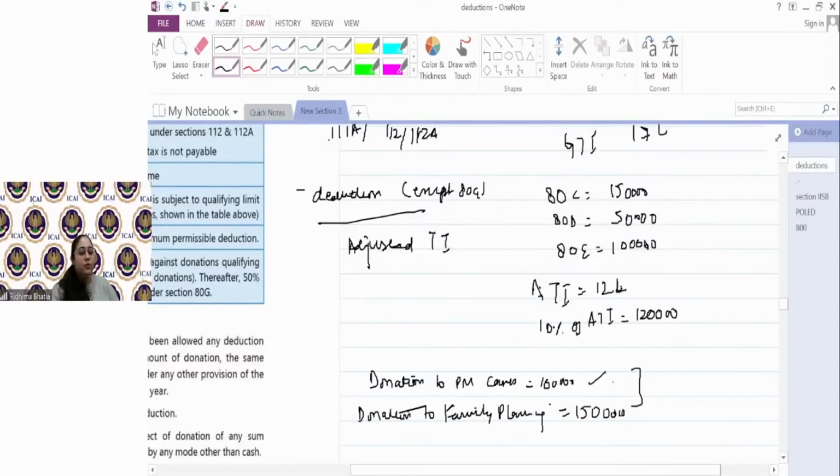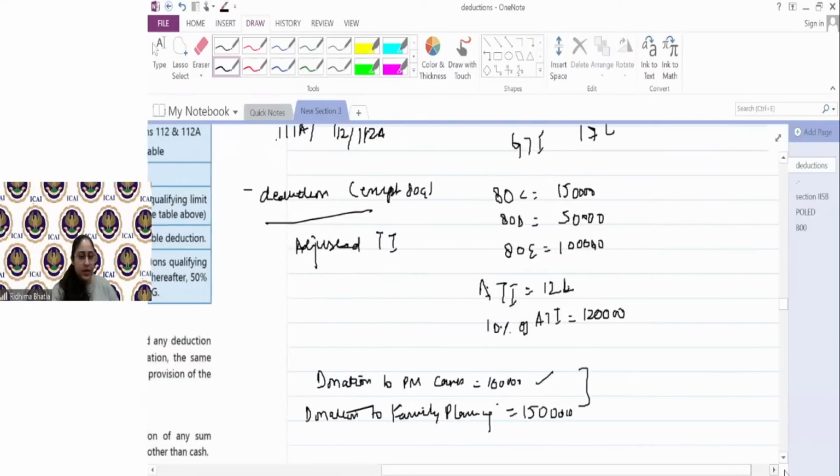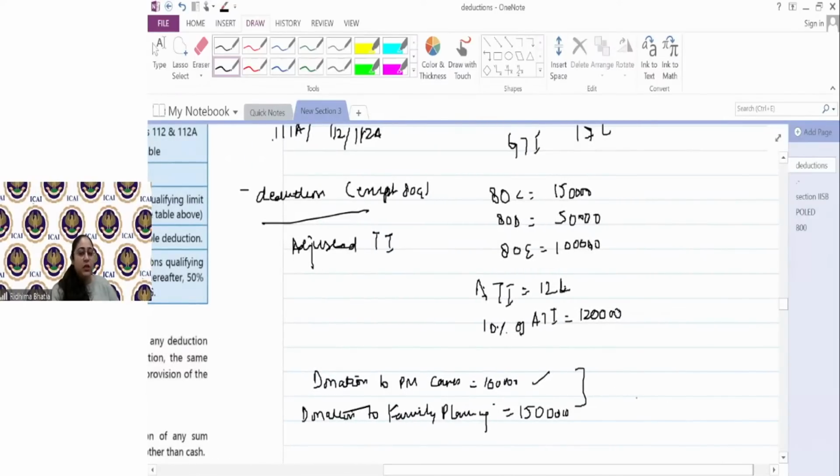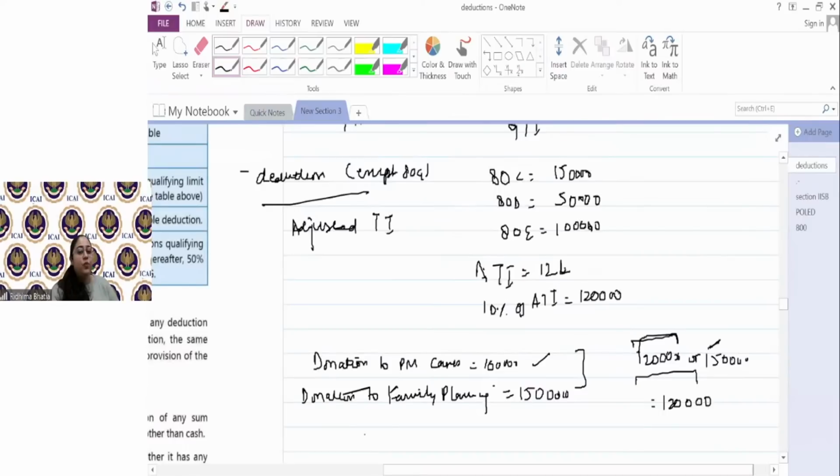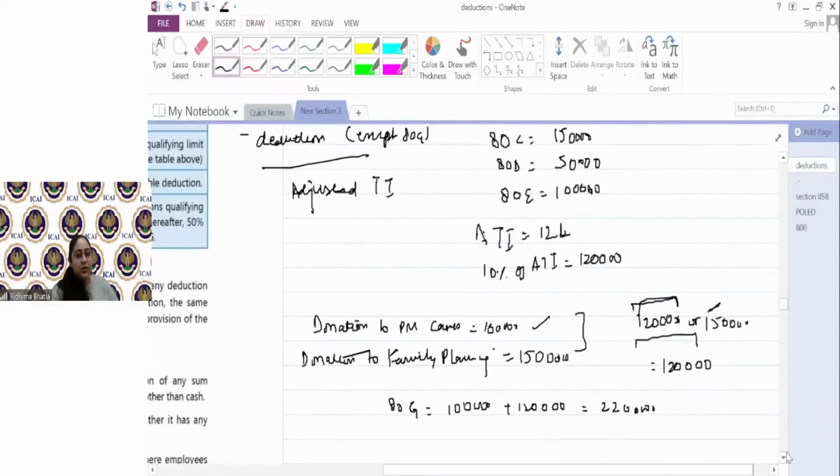So 1 lakh would be completely allowed for the donation of PM Cares Fund, correct, in category 1. But for category 3, the qualifying limit is 120. And हमने कितना किया है? 150. So the third category says 100% reduction allowed subject to qualifying limit. So कितना reduction would only be allowed? 1,20,000. So the total reduction under section 80G would be 1 lakh plus 1,20,000, 2,20,000. Clear? Now, next example लेते हैं.